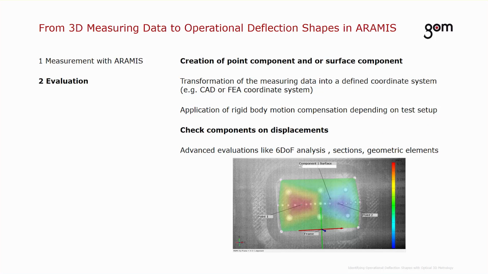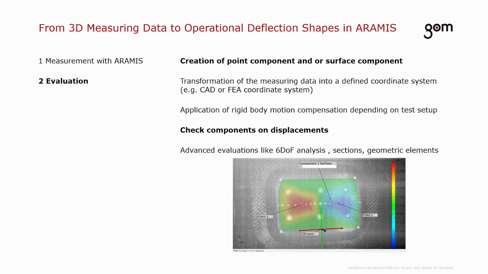After the measurement, we have to go on with the post-processing of the data or the evaluation. The 2 steps that you see in bold letters here are the ones that you need to do at minimum. This is what you really have to do.